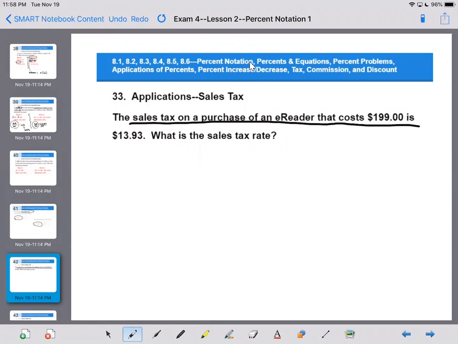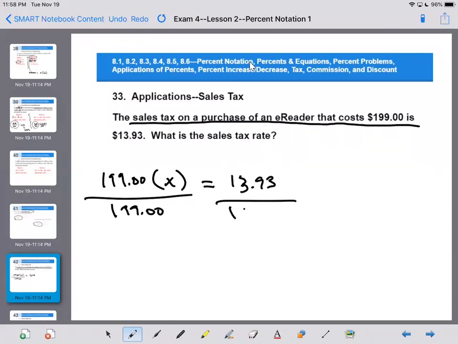So if I have a $199 e-reader, the sales tax of that is $13.93. So I'm going to divide both sides by $199.